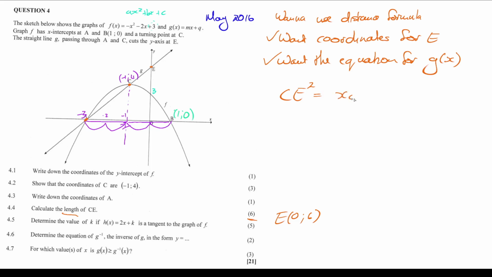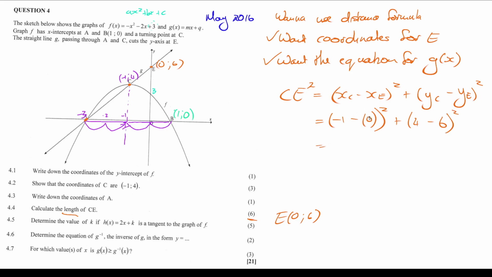So we have xc minus xe squared plus yc minus ye squared. And then I'm going to say x of c is minus 1 minus the x of e, which was 0 and 6, so that would be 0. Bracket close, squared, plus y of c is 4 minus y of e is 6 squared.